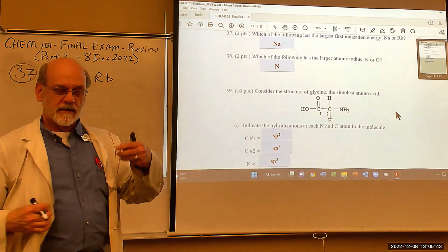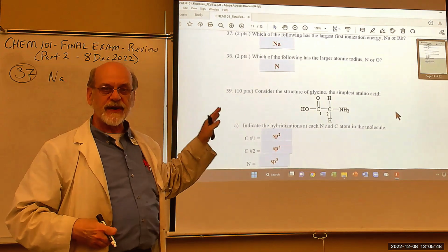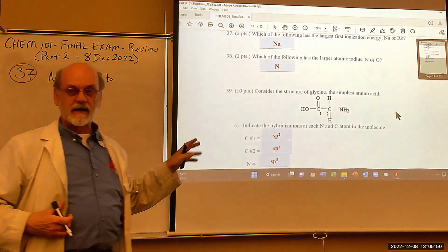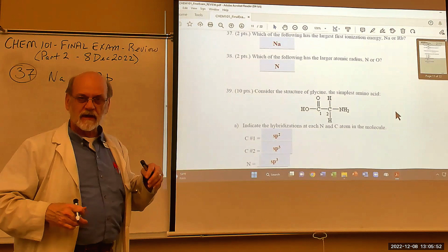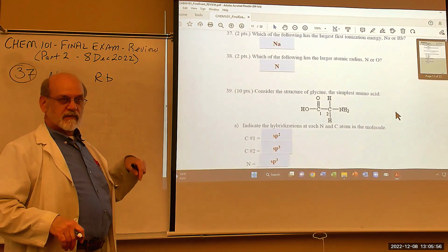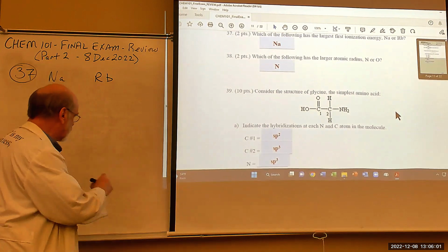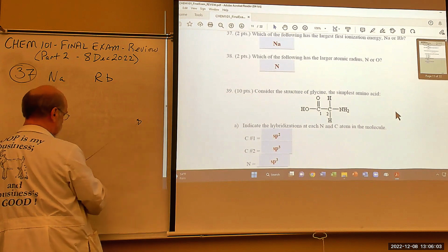This refers to chapters on periodic trends. Periodic trends in the table are such that first ionization energy increases as you go from lower left to upper right.